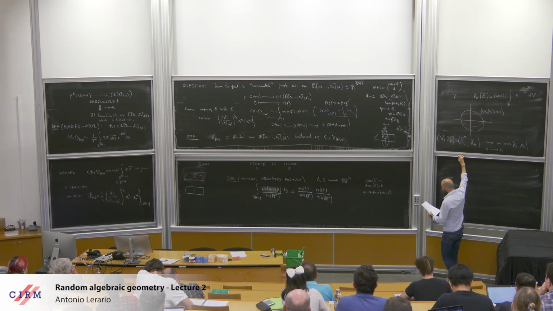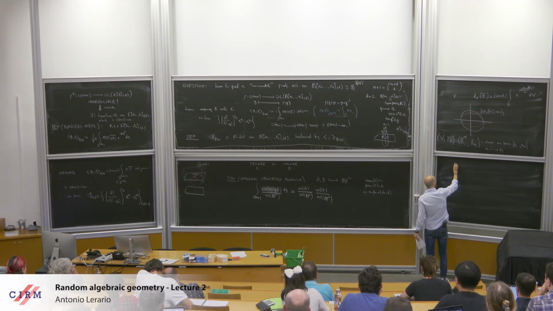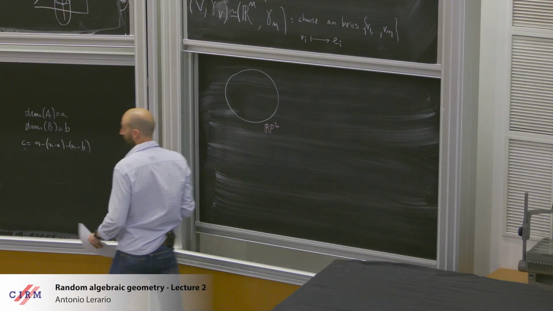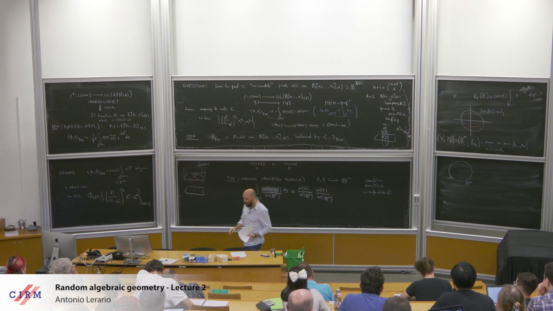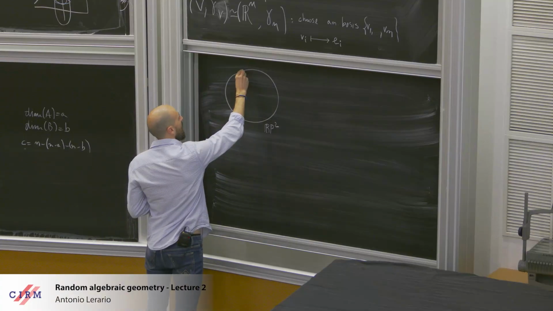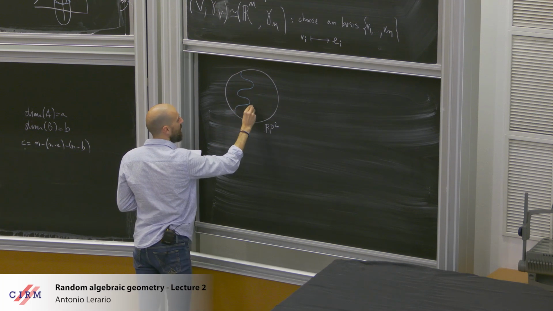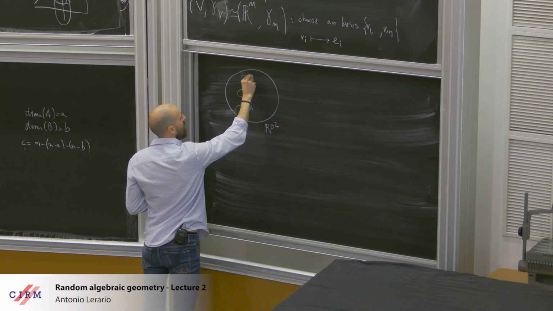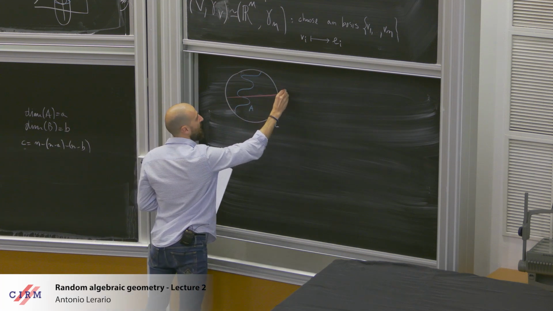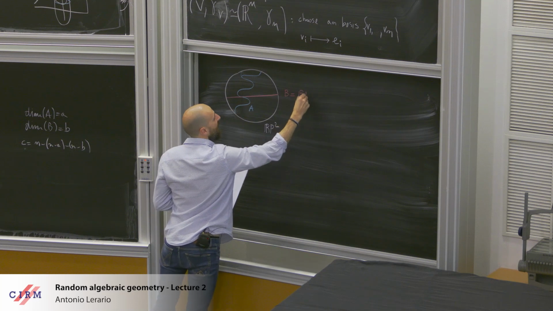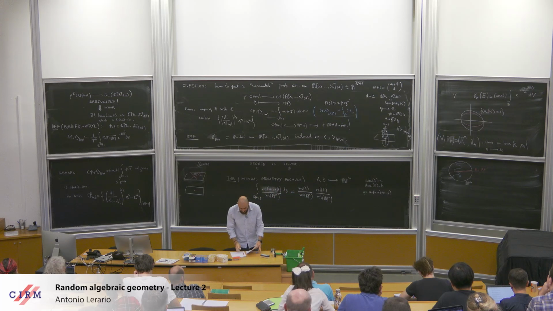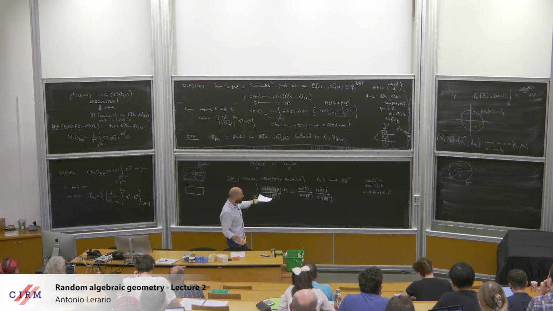So for example, let me draw this example. So here is RP^2, and I pick A to be just a curve if you want. Okay. And for B, I pick an RP^1. Okay. Now let's apply this formula that I wrote here in this specific case.